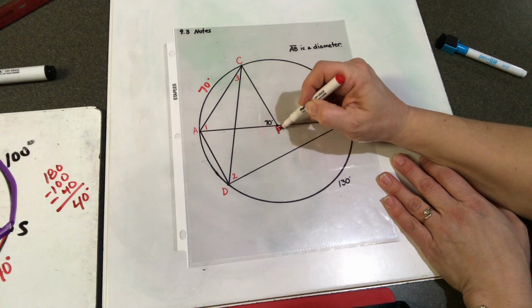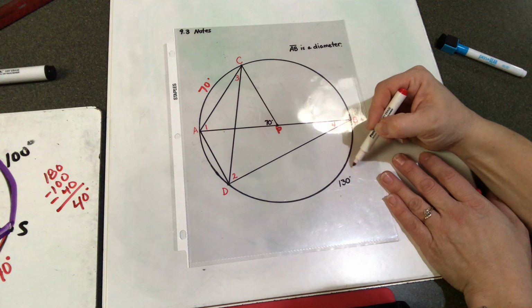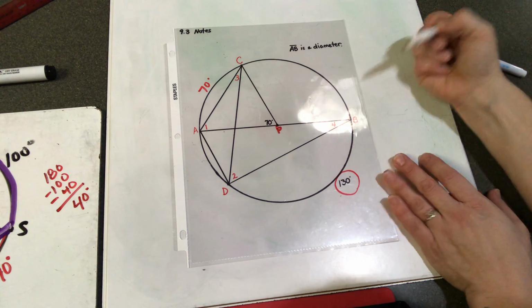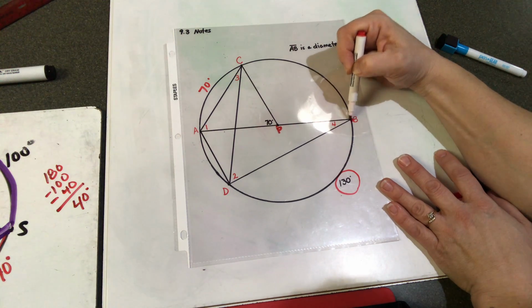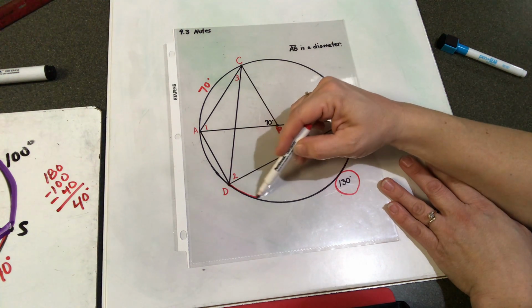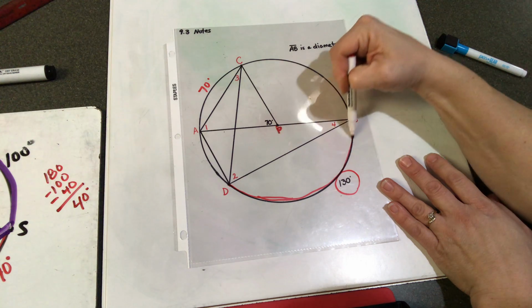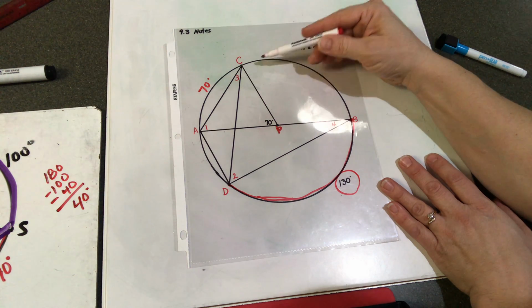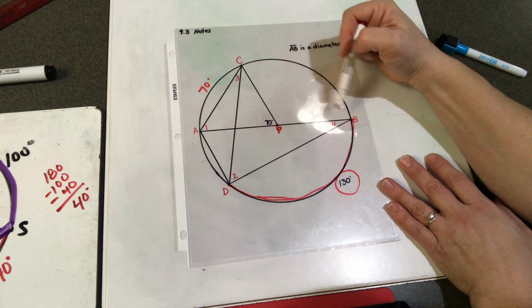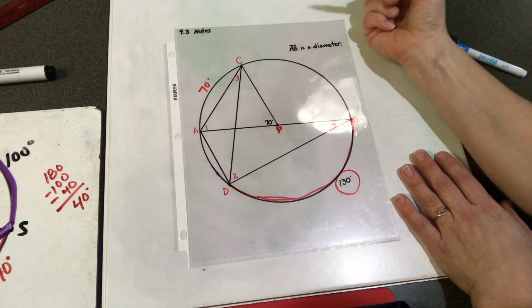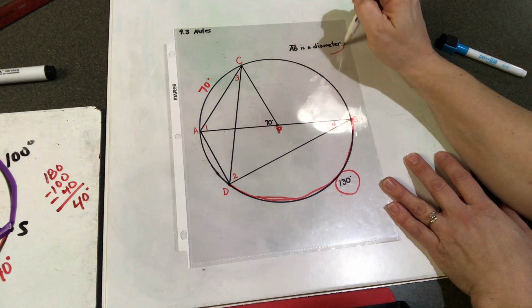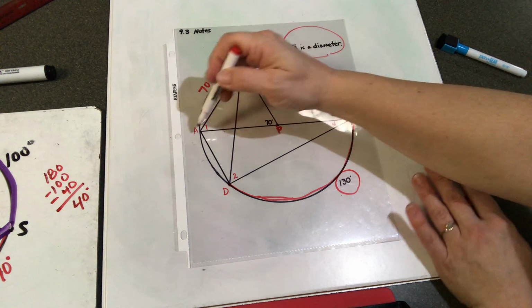Okay. We have 130 degrees here, and if you're looking for an angle using B and D for that 130 degrees, I'm not seeing one. There's no angle that goes to the center, and there's no angle that goes all the way across. But remember that this is a diameter.